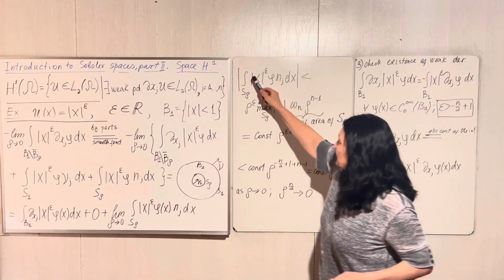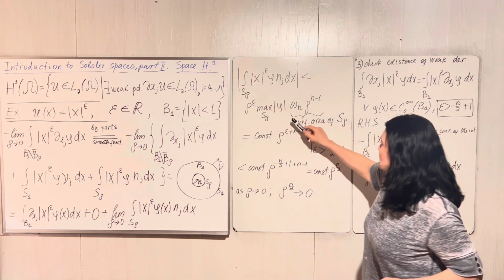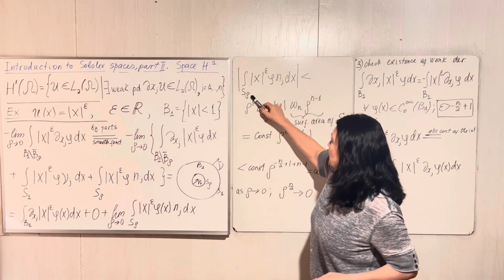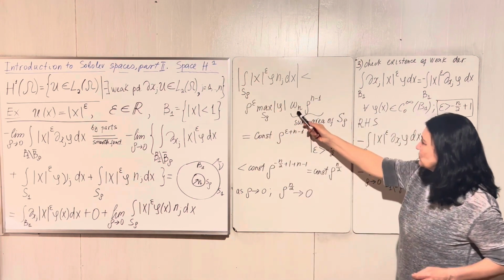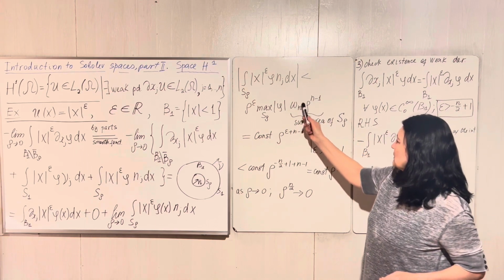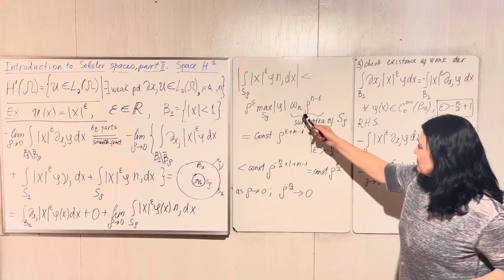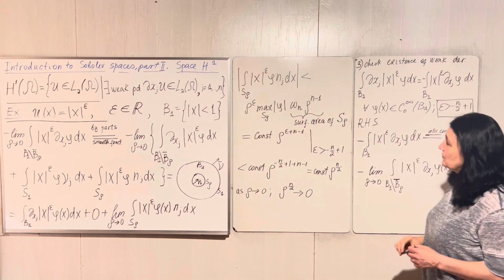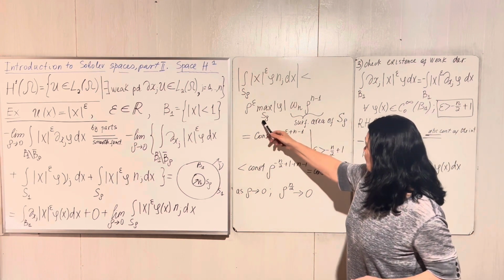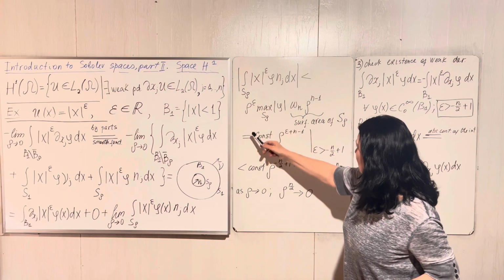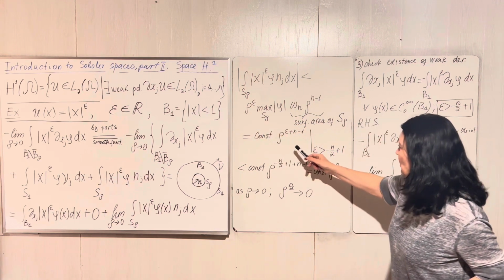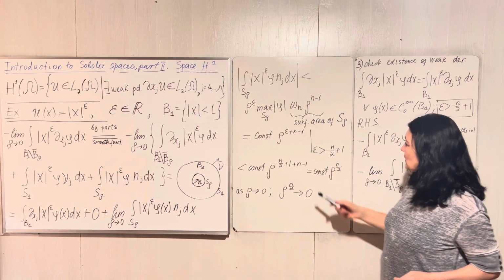We also have to multiply by the surface area of our sphere of radius rho, and that would be the surface area of the unit sphere multiplied by rho to the n minus 1. So this and this are constants, so I wrote it as a constant, and rho would be to the power epsilon plus n minus 1.